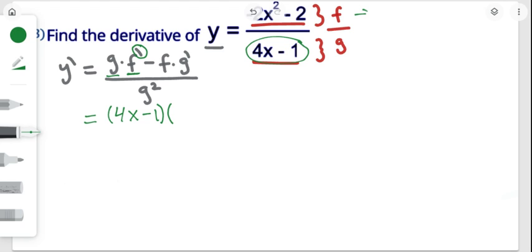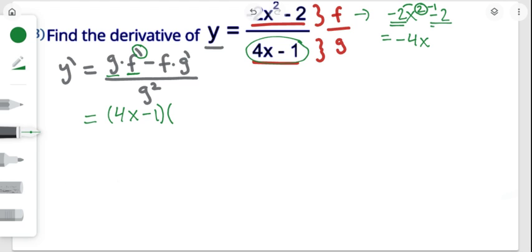This is f, which is negative 2x squared minus 2. In order to find that, we multiply this number by the power of x, which is 2. So negative 2 times 2 gives us negative 4x, and then we subtract 1 from the power of x, which is 2 minus 1, giving us 1, which we don't need to write.